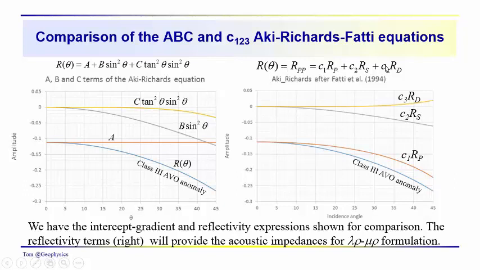In this relationship, after Fatti et al., these are the actual compressional wave reflection coefficient, the shear wave reflection coefficient, and then more or less an equivalent density reflection coefficient, if you will, just the difference in the densities over the sum. We can see these three terms plotted separately, and then this would be the total. When they're all summed together, we get this class 3 anomaly in this particular case.